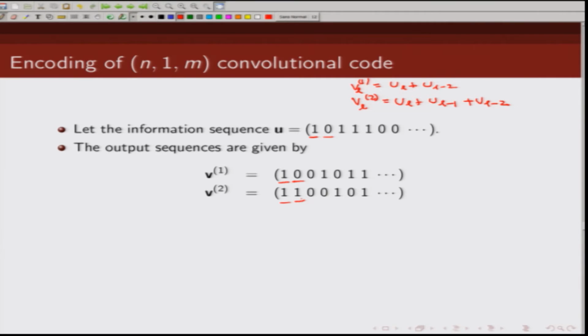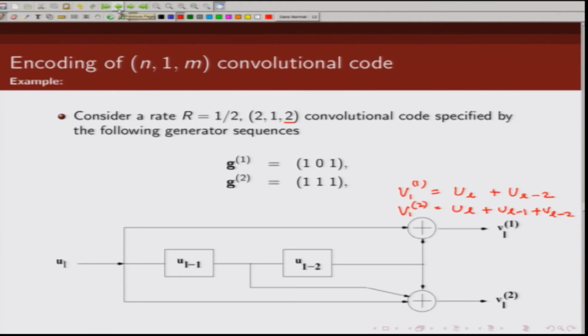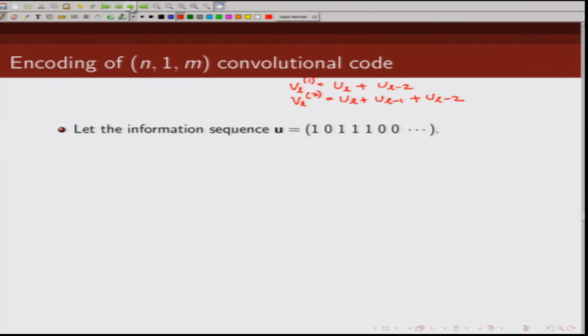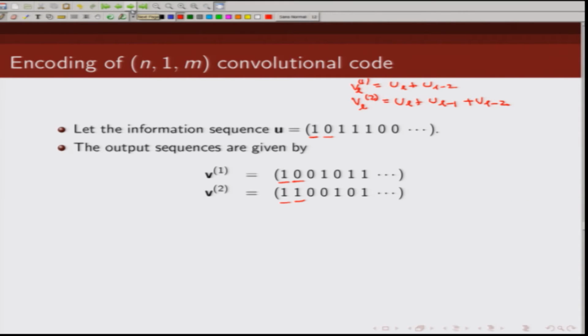Okay. Next, what happens? Again, go back to this diagram. You had an input 0 here. So, now this 0 will move here and the 1 you had here will move here. So, the new contents of the shift register will be 0 and 1. Then the next input is 1.